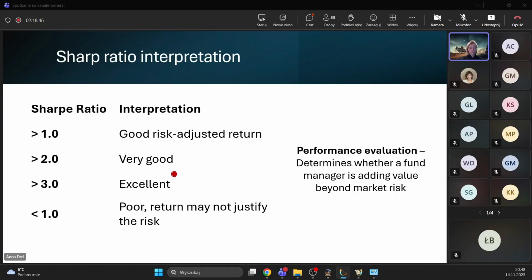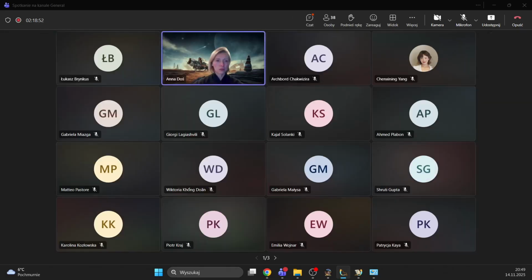And maybe I will show you something. Maybe I will manage to show you this. Or maybe I lost it. No, I lost something. I cannot show you, because I didn't save one thing. However, it is possible to calculate the rolling Sharpe ratio for different assets.